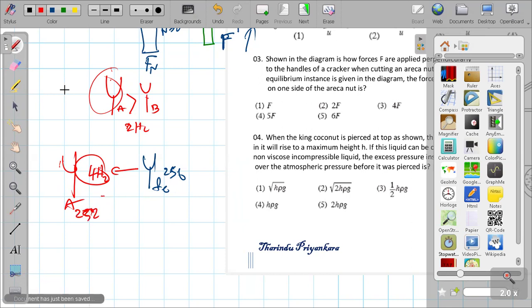The other possibility is 260. As you know, B should be 2 hertz lower than that. So that means this should be 260. No, sorry, 258, 2 hertz lower. Actually, in between here, 258.